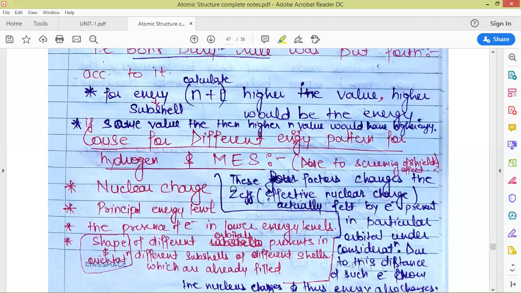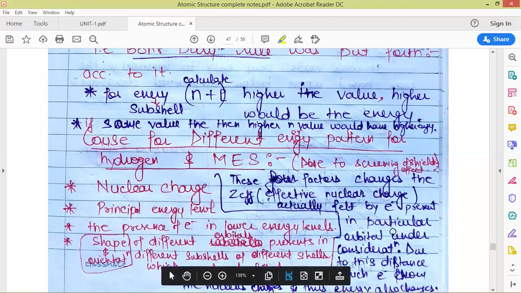So the outer electrons will feel the nuclear pull, the attraction by the nucleus, differently based upon the shielding or screening of the nuclear strength done by the inner orbitals, or we can say electrons present in inner orbitals.